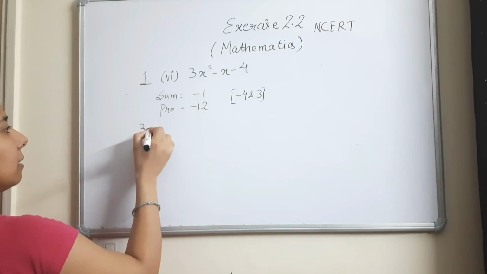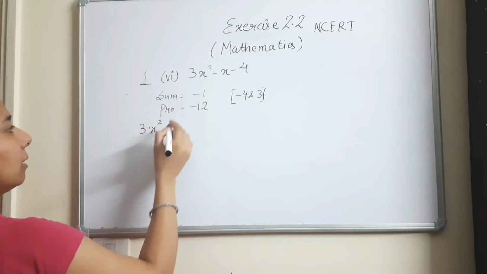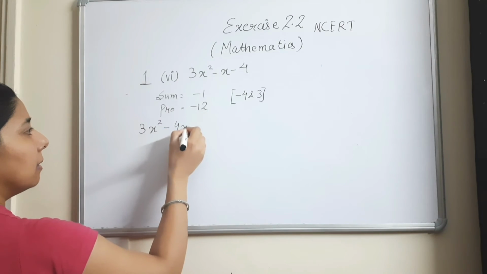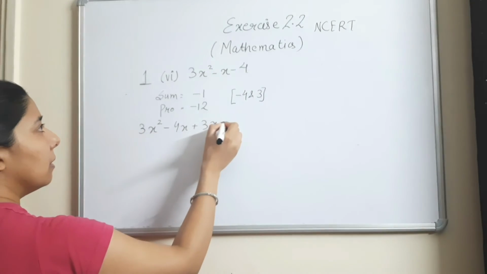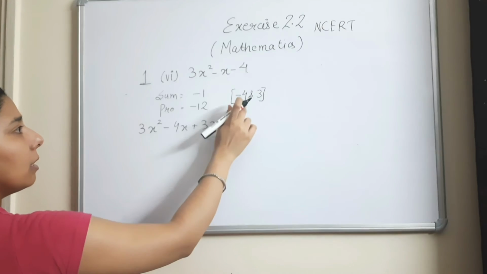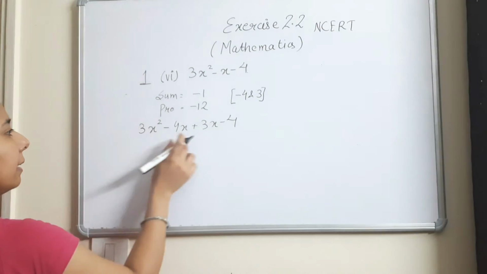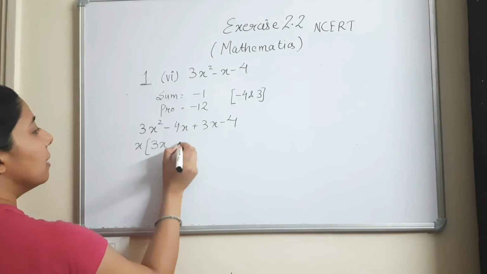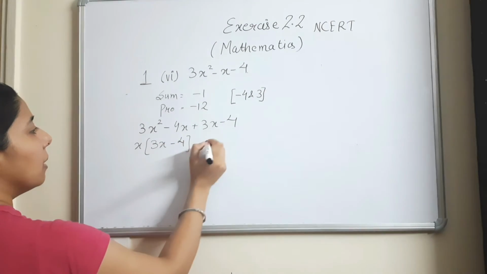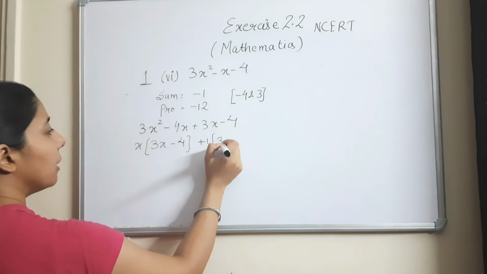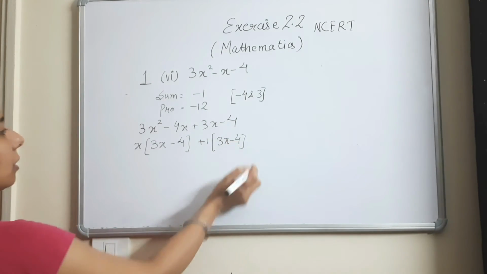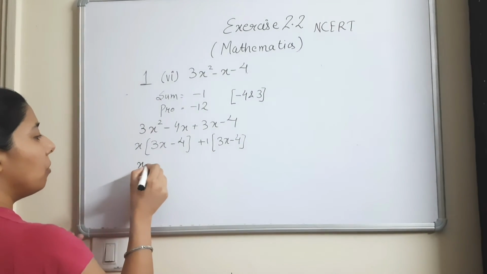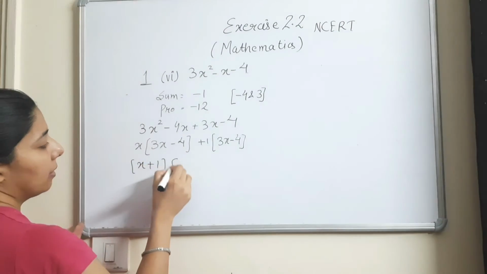So now break the middle part of this polynomial as minus 4 and 3, and take x common from here and write down 3x minus 4 plus 1 is common, 3x minus 4. Make sure that both of these brackets are always equal. Now write it this way.